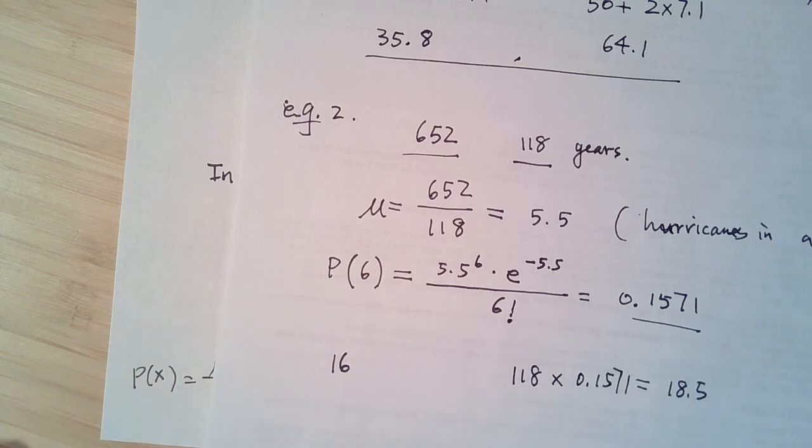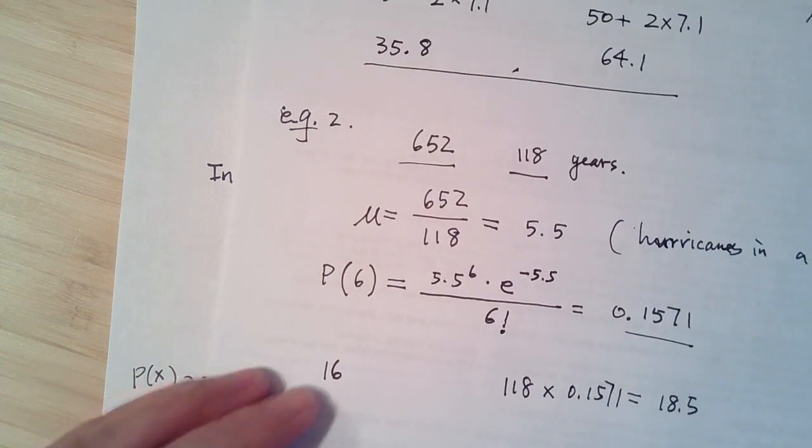Now we have to know a little bit more about the Poisson distribution. The Poisson distribution is sometimes used to approximate the binomial probability distribution. They're different. When we talk about a Poisson distribution, x is the number of occurrences of the event in an interval.